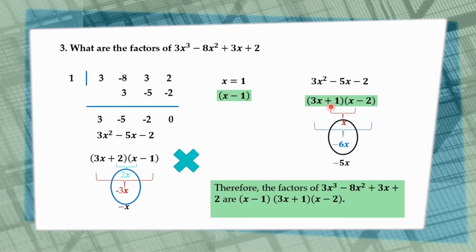So 3x plus 1 and x minus 2 are the factors. Therefore, the factors of 3x cubed minus 8x squared plus 3x plus 2 are x minus 1, 3x plus 1, and x minus 2.